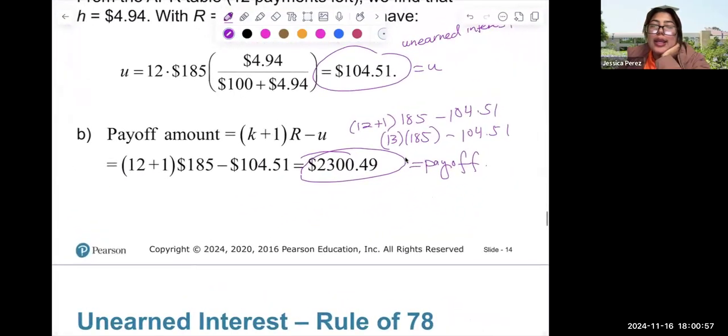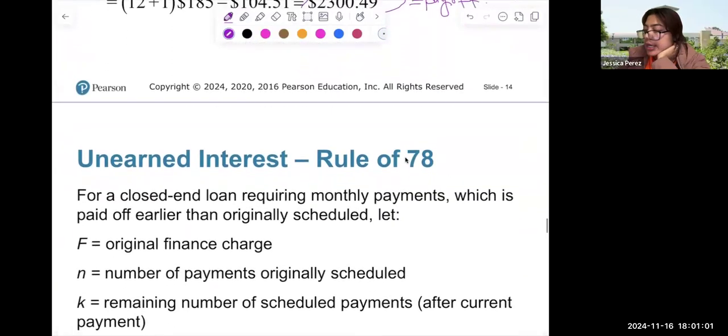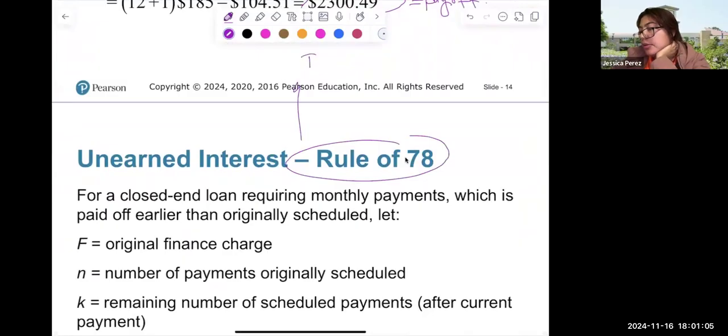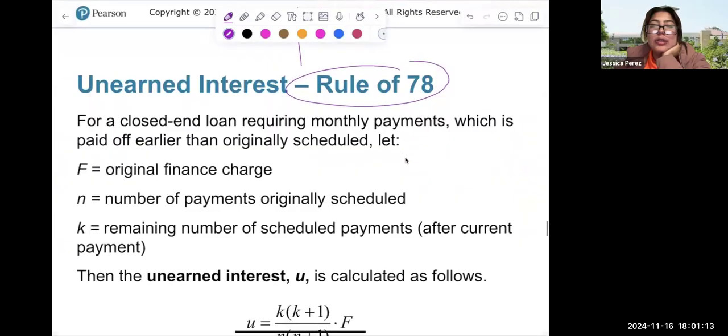Now, what about the unearned interest using the Rule of 78? The one that we did up top was the actuarial method. Now we're going to look at the Rule of 78. What's the difference between those two?